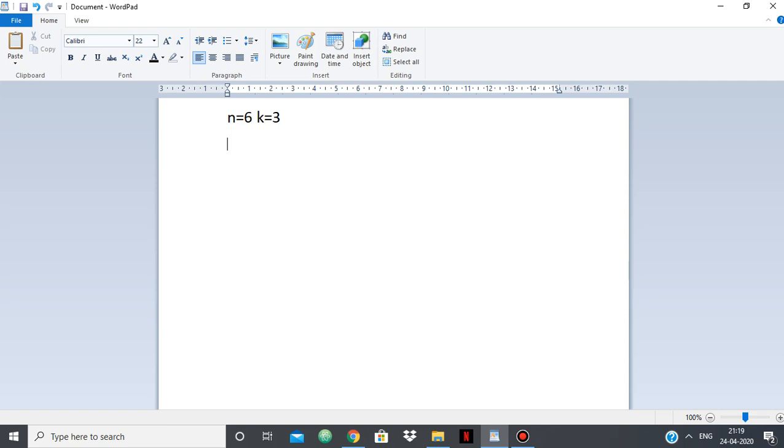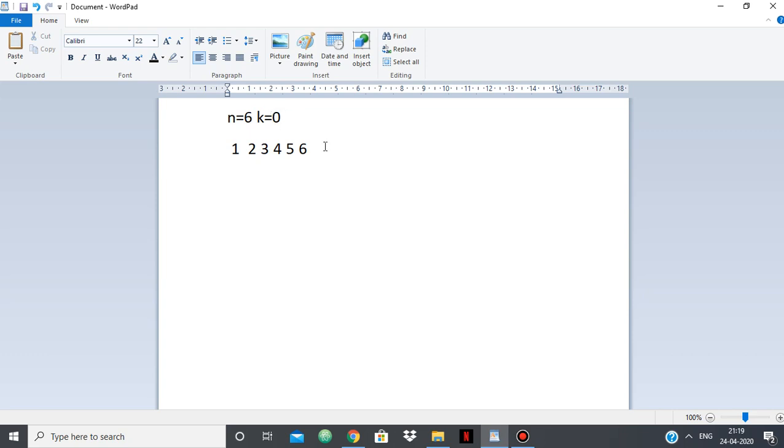So I'll write the vertices: 1, 2, 3, 4, 5, 6. We start from 2, so k is equal to 3. From 2 we move to 4, from 4 we move to 6, and from 6 we move back to 2. And when I come back to 2, now k is 0. So now vertices will start exploding.